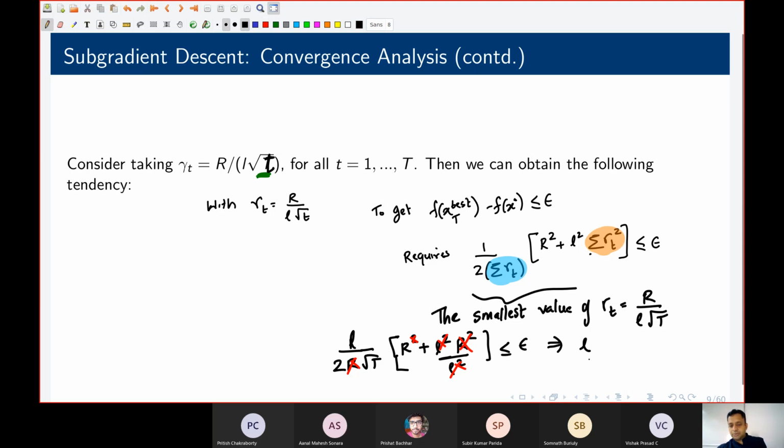You'll get square root t is greater than or equal to L upon 2 epsilon, sorry, R into L by square root t is less than or equal to, sorry, RL by square root t less than or equal to epsilon.